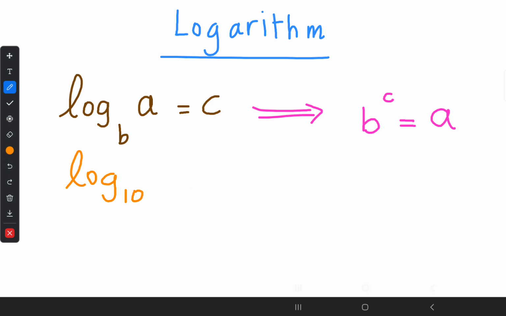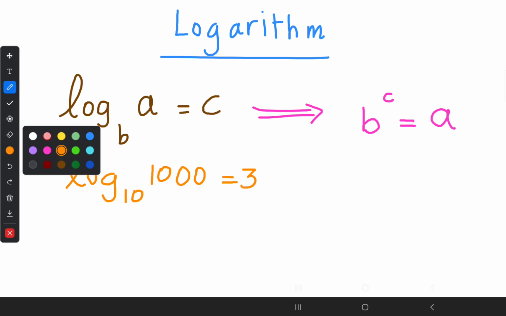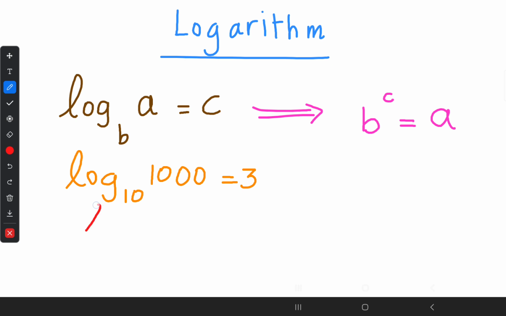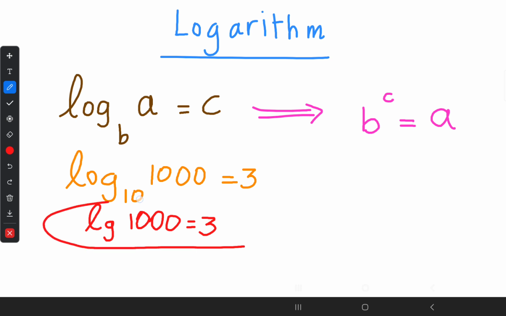Log base 10 of 1000 equals 3, and we are converting this to index notation. So instead of log base 10, we can write lg 1000 equals 3. In some cases you will face something like that.